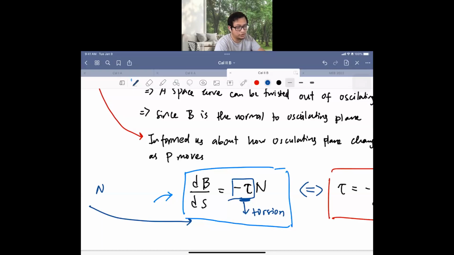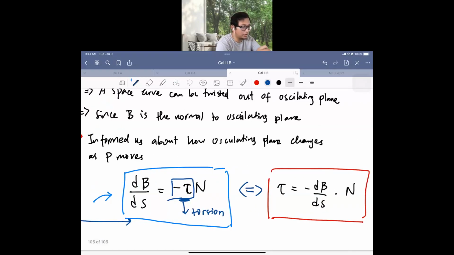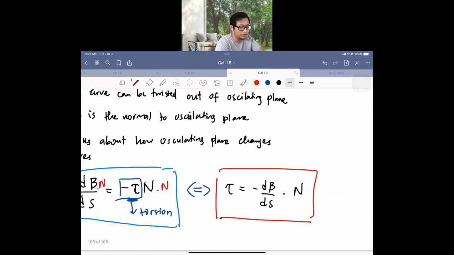And we can rewrite this and multiply both sides with dot n, and thus we get the formulation for torsion.